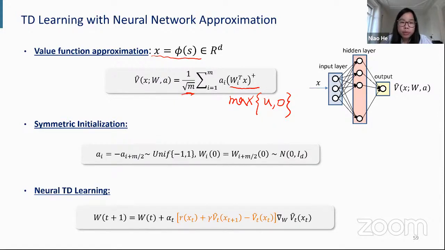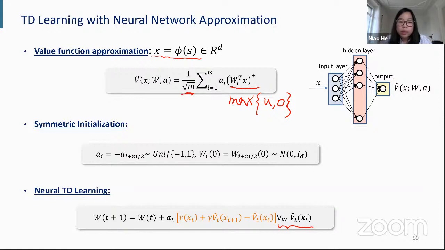At every iteration, you update your weight matrices W by adding the step size alpha times the temporal difference, evaluated, and times the gradient at W. If you look at the gradient with respect to W here, we'll have a form for that later on.